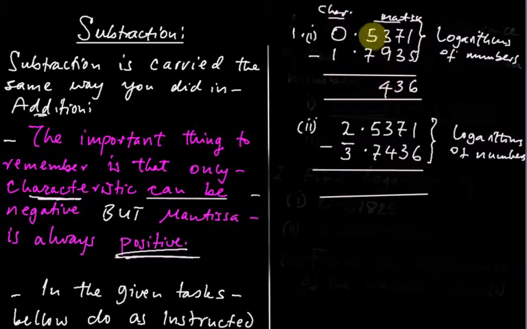Now we have 4 here, but 4 cannot take away 7. We need to borrow. Because we don't have anything here, when we borrow from nothing, we are going to have a bar. We are going to have a negative number here. So this changes to bar 1. I will put a reddish one there to show that we have borrowed from that. So this is going to be bar 1 here, in red.